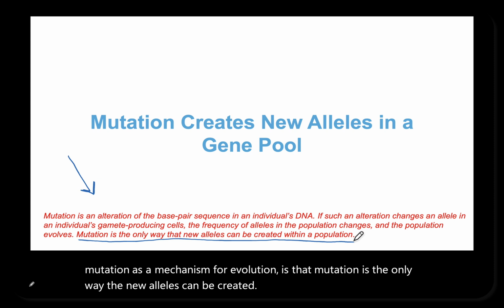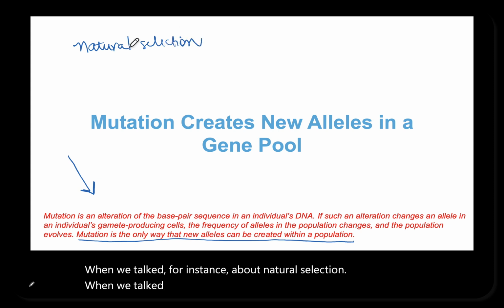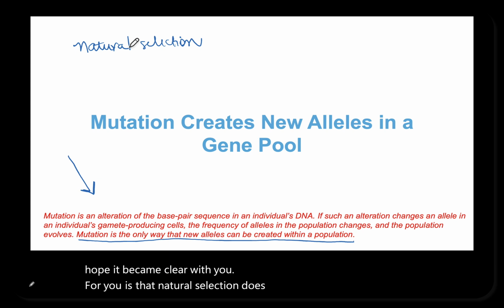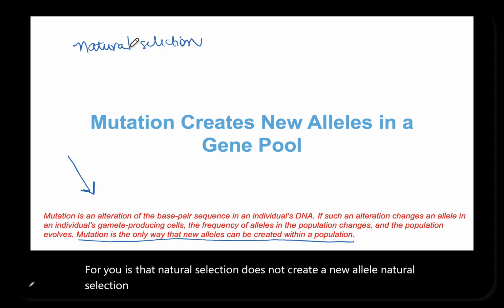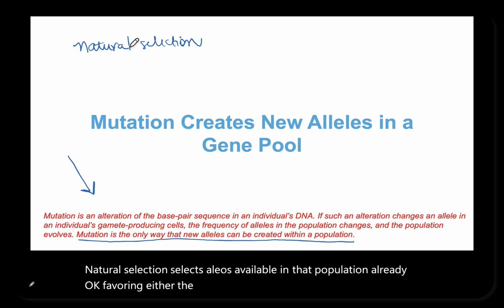When we talked, for instance, about natural selection, one of the things that I hope became clear to you is that natural selection does not create a new allele. Natural selection selects the alleles available in that population already, okay? Favoring either the extremes, favoring the middles, or favoring one side or the other, right?